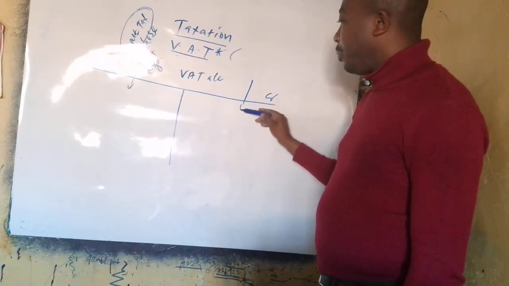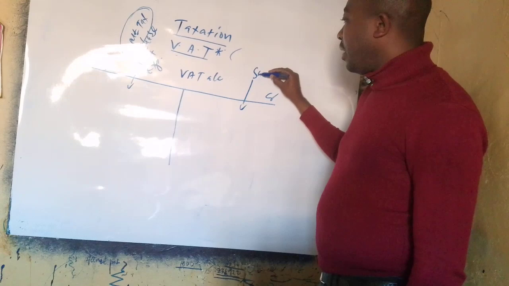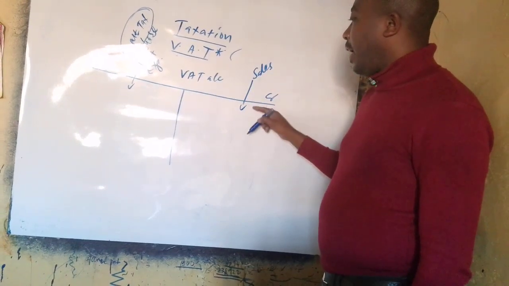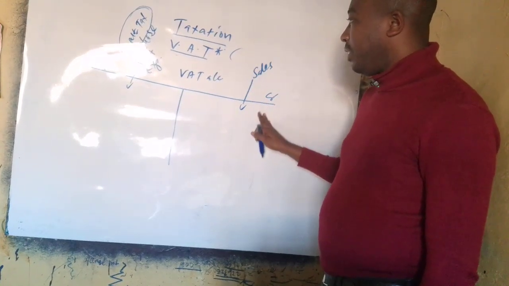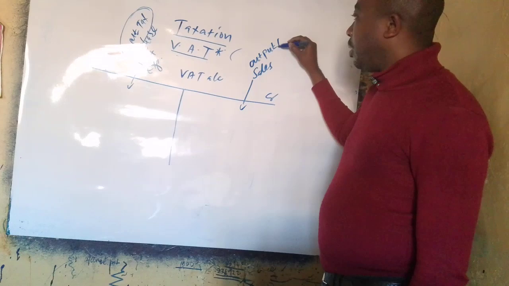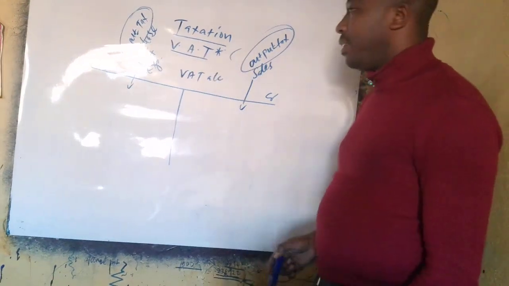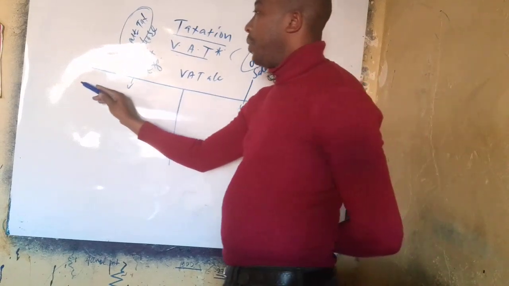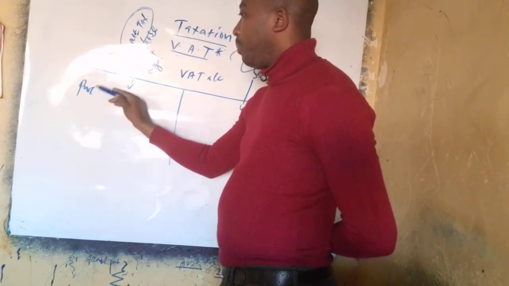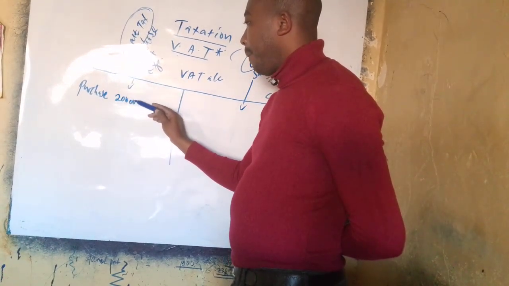On this side, we record things to do with sales, and the total of this side will give you output tax. For example, let's say we have a purchase. We come here and record. We purchase goods worth 2 million.